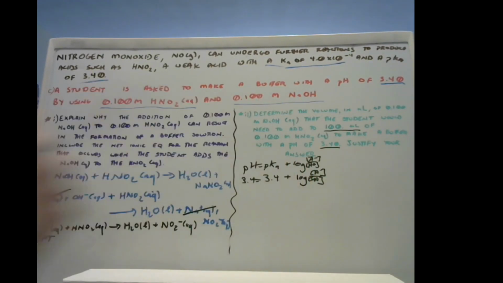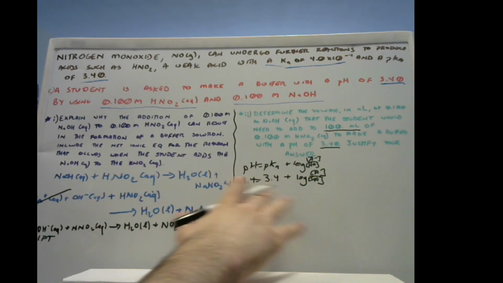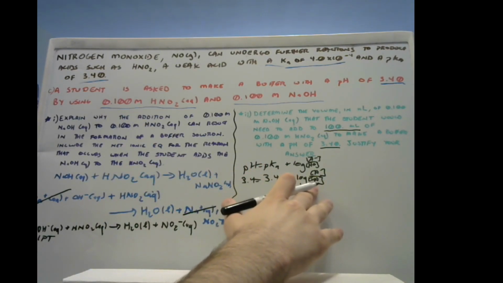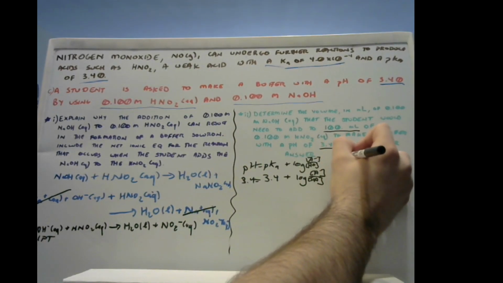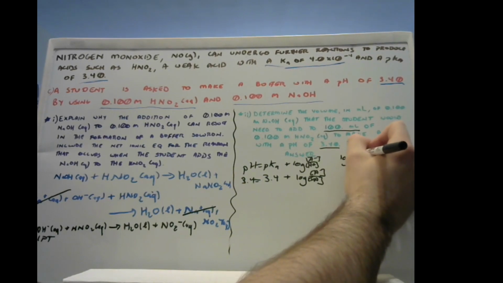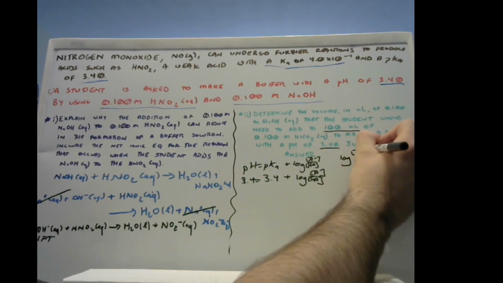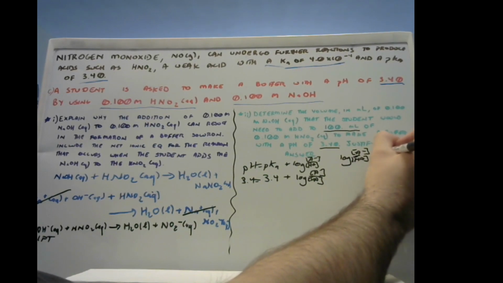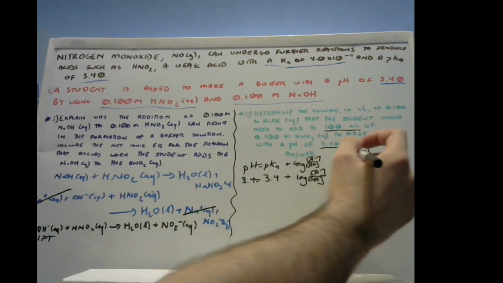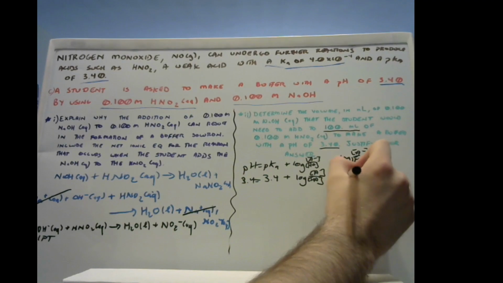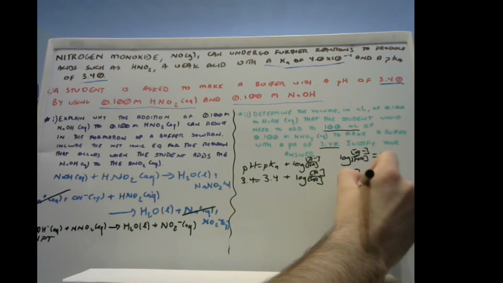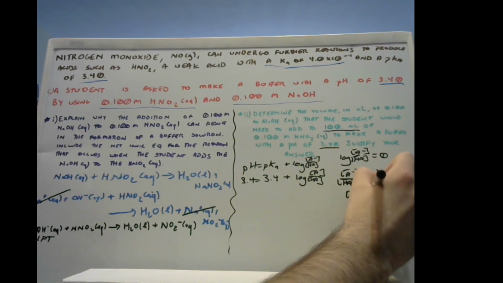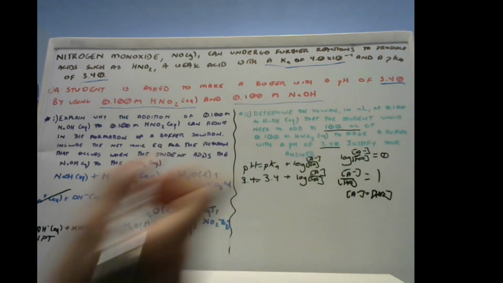which means the only way this equation works or will be true is if this is 0. Or in other words, if log A minus over HA equals 0. And that only happens when A minus over HA equals 1, or when A minus equals HA.